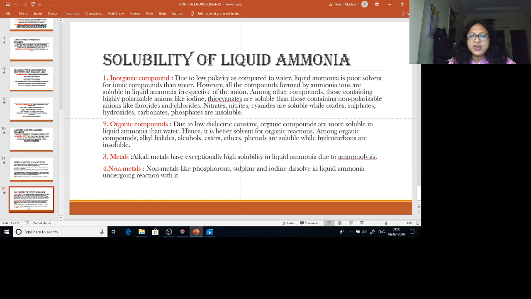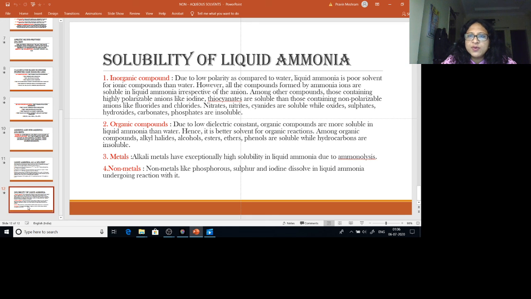Solubility of liquid ammonia. Let us see the solubility in inorganic compounds and organic compounds, metals and non-metals. Everybody knows what solubility is. When it is placed in any solvent, it gets completely dissolved, or partially dissolved, or undissolved. So let us see the solubility of liquid ammonia in inorganic compounds. Due to low polarity compared to water, liquid ammonia is a poorer solvent for ionic compounds than water.